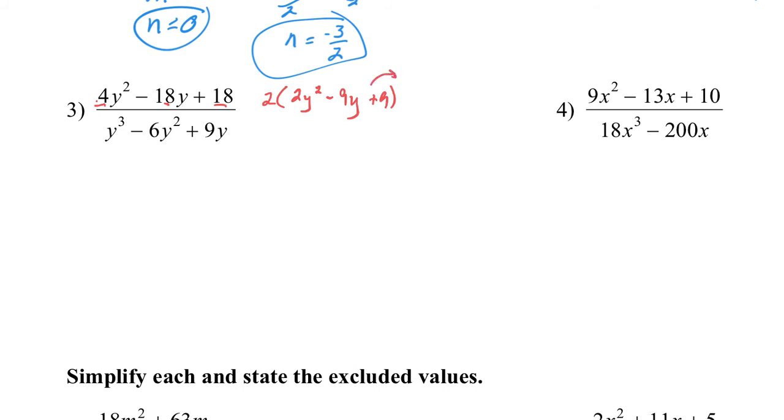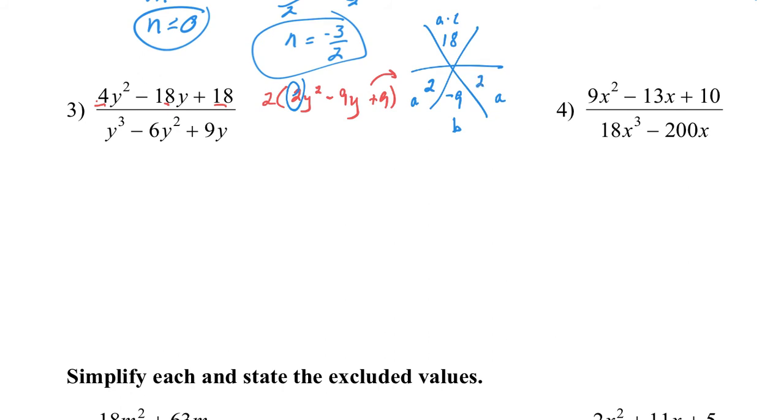Now when a is not 1, then the star that I made a video of earlier will help you out a lot. So if you have a times c on the top, b on the bottom, a on the sides. So a times c is 2 times 9, so 18. And then b is negative 9, and then a is 2.